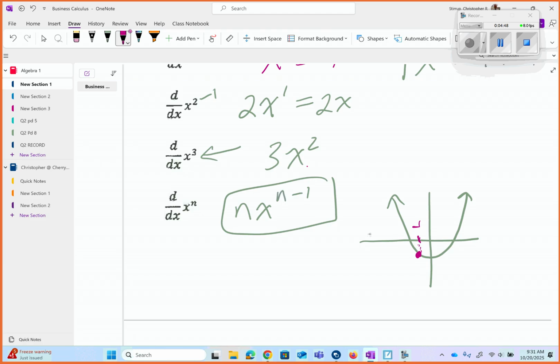If I took this, which is x squared, and took the derivative of it, I'm going to get 2x. Then if I plugged this -1 in for x, that would tell me the slope at that exact point is -2, meaning that's the pitch of the line going down.